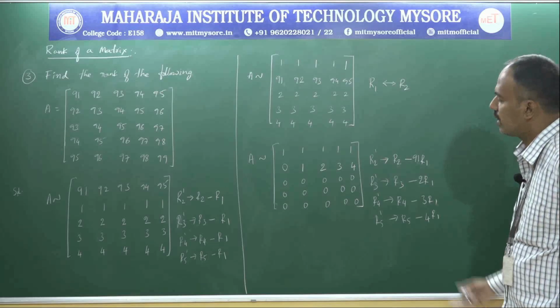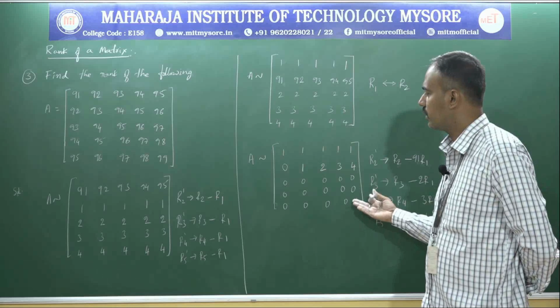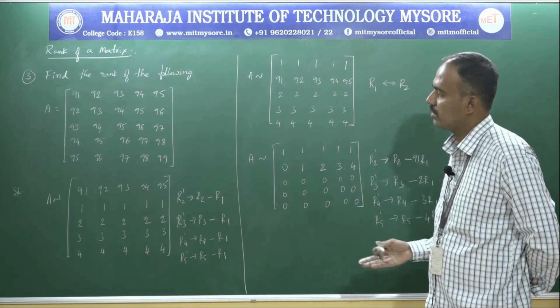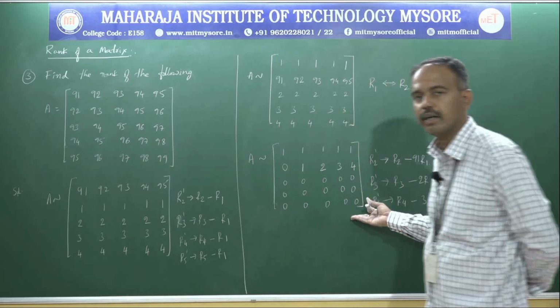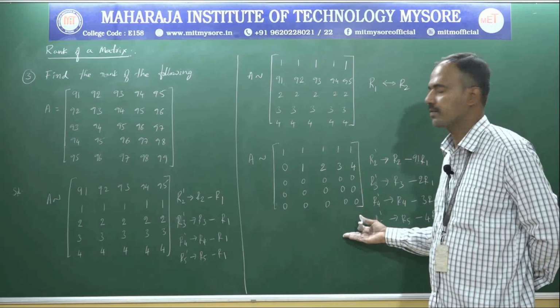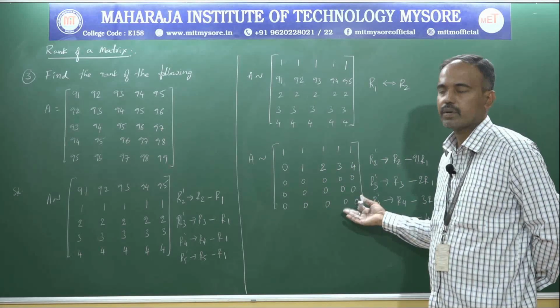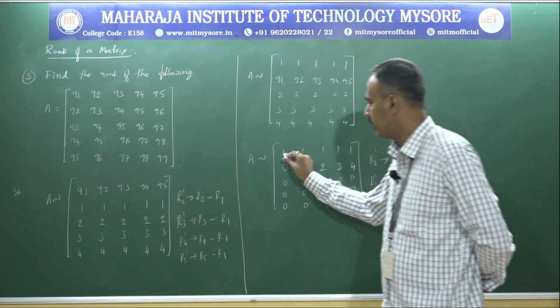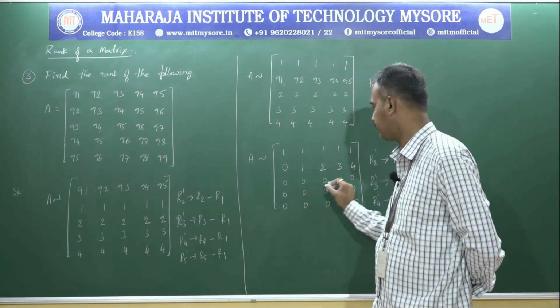Now check, after applying the row transformation we get the final matrix A. Just check whether it is in echelon form. Leading entry 1, all the column elements below the leading entry are 0.